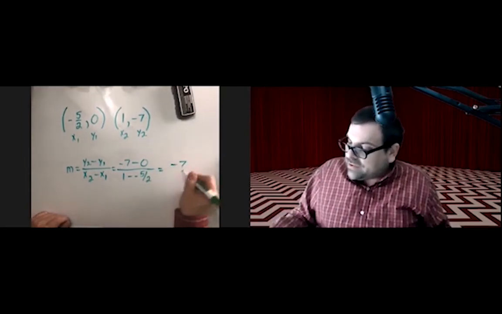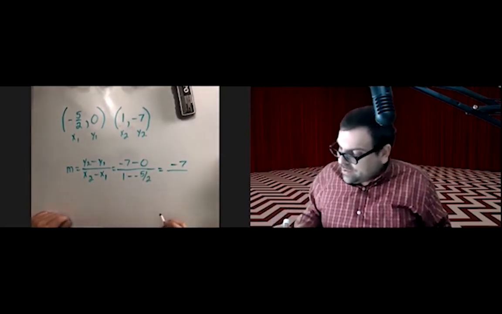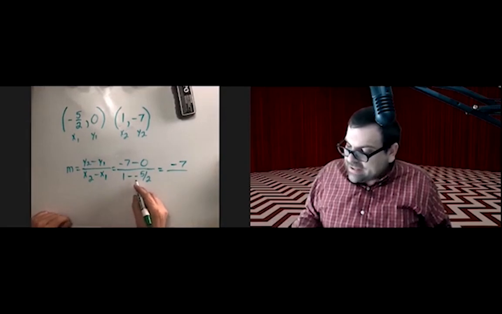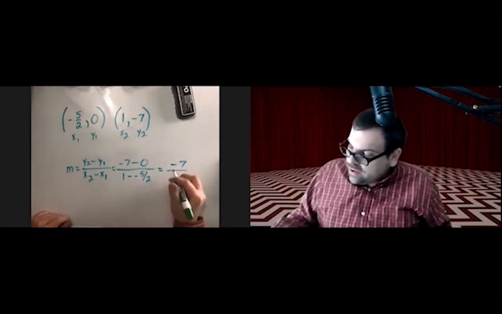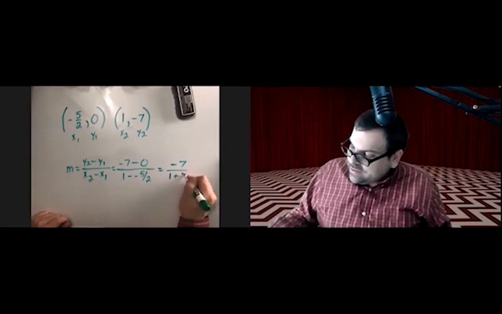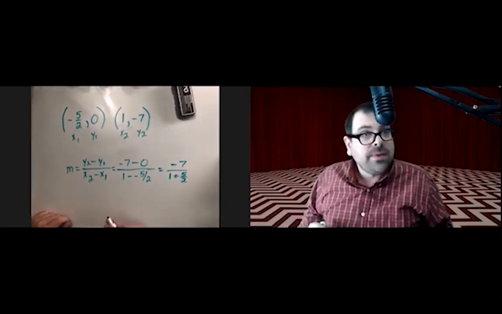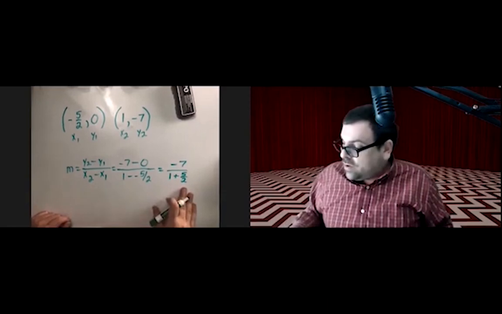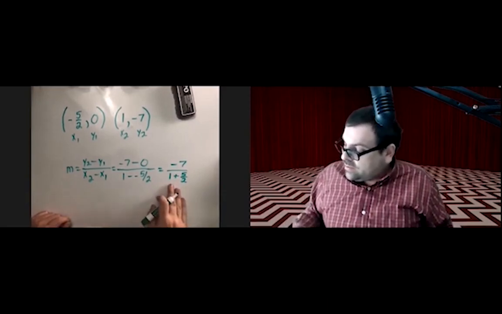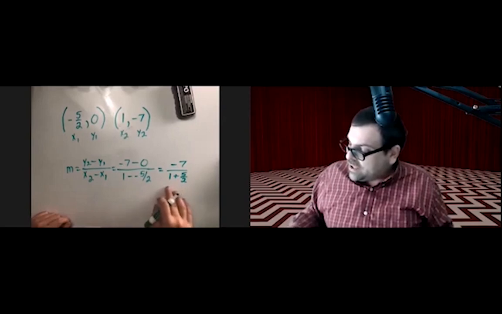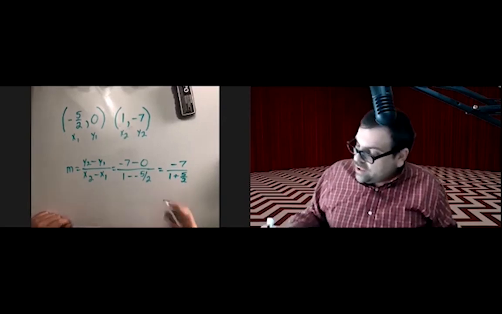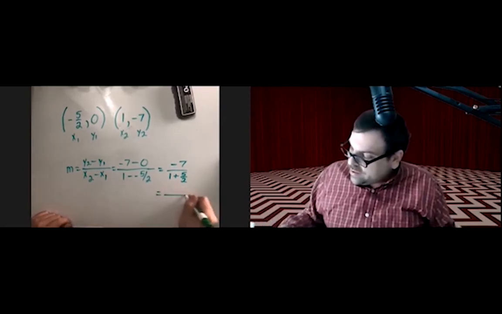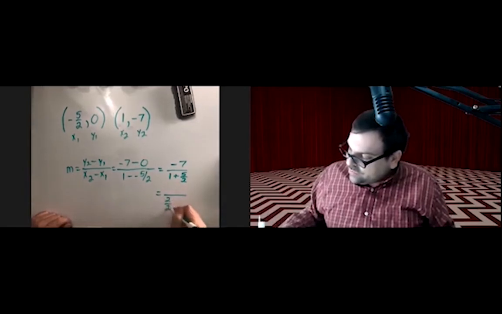-7 minus 0 is -7. 1 minus a negative is 1 plus 5/2. Let's go ahead and add these. 1 over 1, but we need to have a denominator of 2. So 1 is 2 over 2 plus 5 over 2.